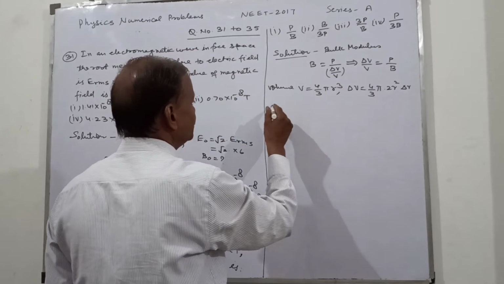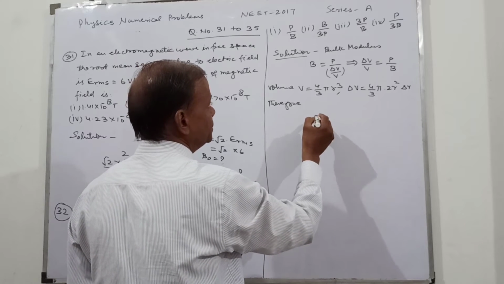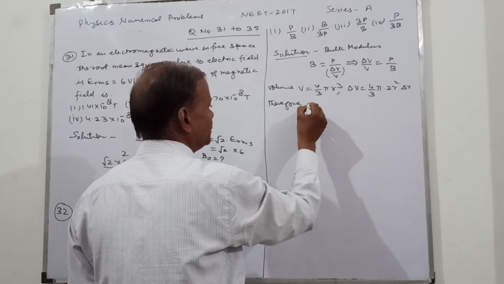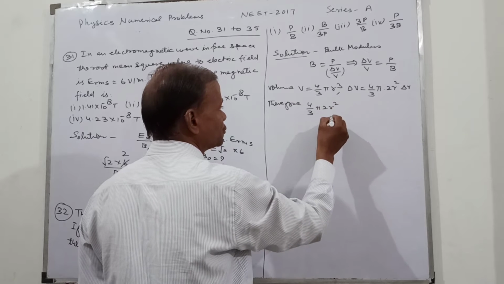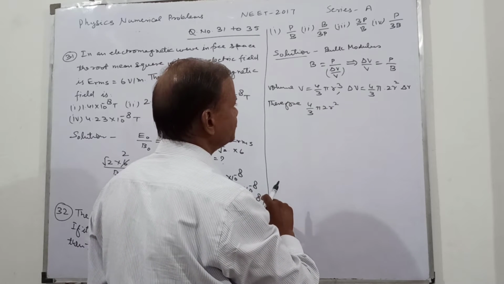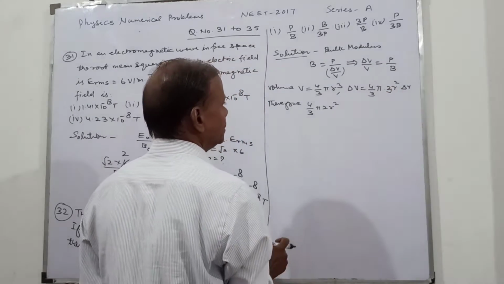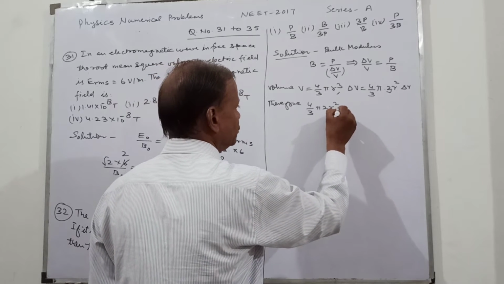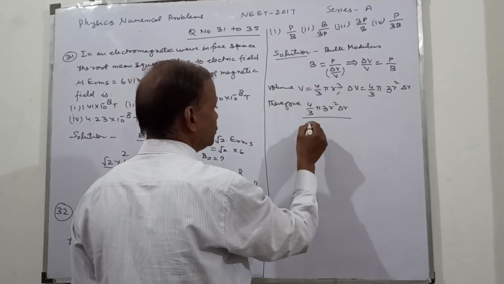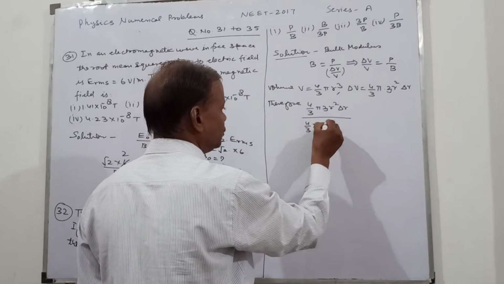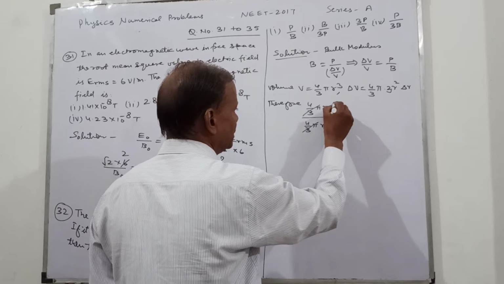So now you put these values. Therefore 4 by 3 pi into 3r square into delta r upon 4 by 3 pi r cube. 4 by 3 pi will cancel. r square upon r cube is 1 upon r.